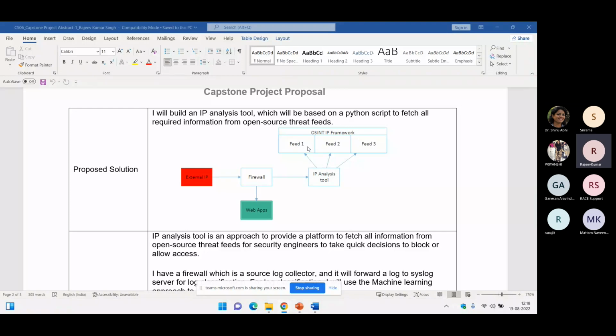It will fetch only IP related information, like how long the IP address has been live, when the IP address was released to that organization, how long it has been assigned to the autonomous system number, when the route was published onto the internet, and the IP active time, basically when the IP address was announced under BGP. Those feeds it will pull from open source feeds and provide that information to our internal IP analysis tool, and based on that we will judge whether to allow or deny the access.